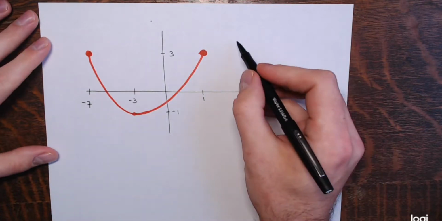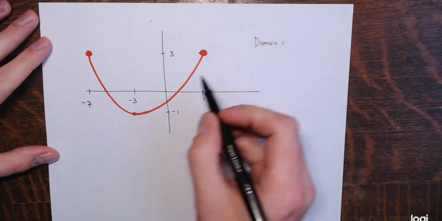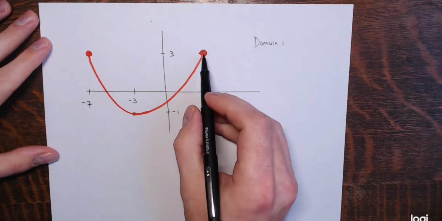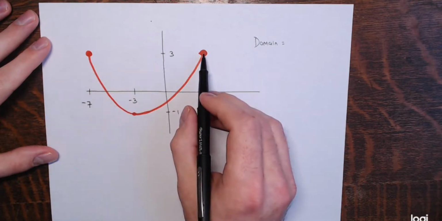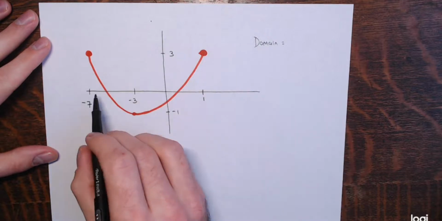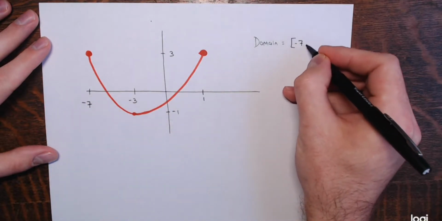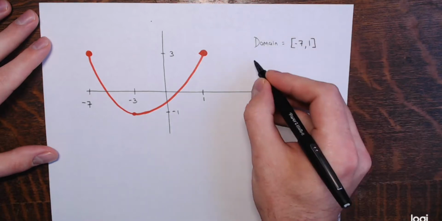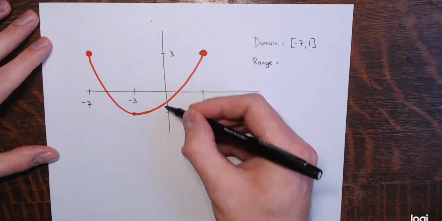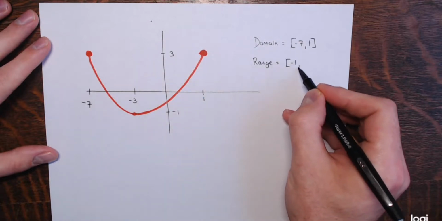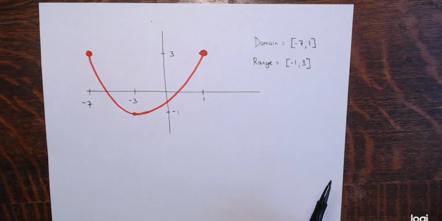And right now, these are not arrows, they don't go off forever. The graph stops at these points. So the domain right now is every x value from -7 to 1. And the range right now is all the y values from -1 to 3. I'm putting brackets on these because they're all included. They all are x values or y values at some point.